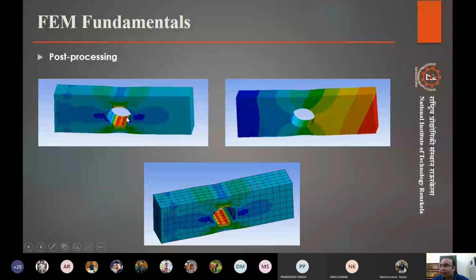So if you look at the first figure, it is demonstrating a stress distribution. The purpose of the whole simulation was to see how the stresses and displacement develop inside this notch. And you can see that because of the smaller cross-sectional area, high stress develops on this notch section because of the pulling force.